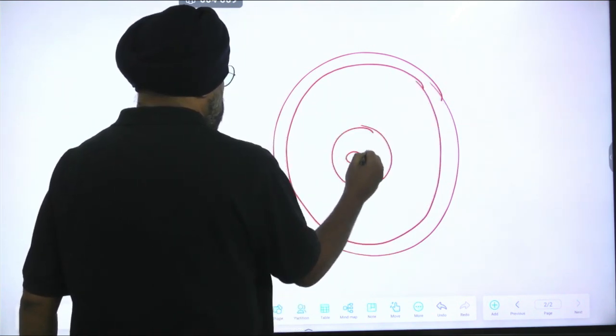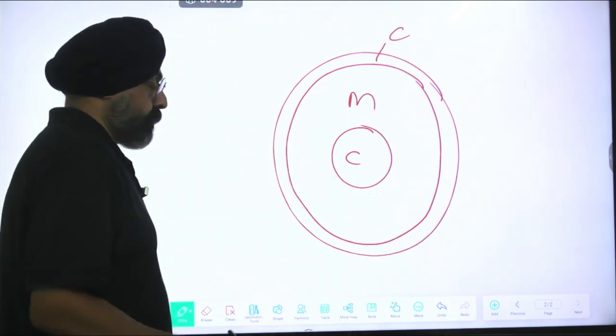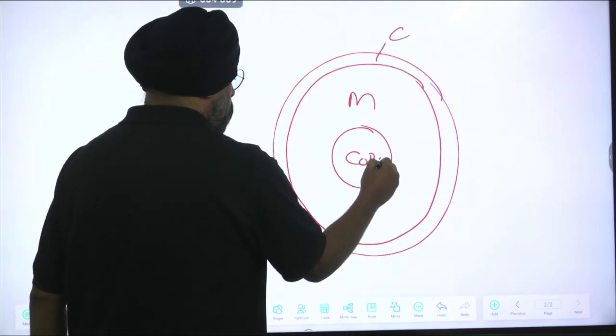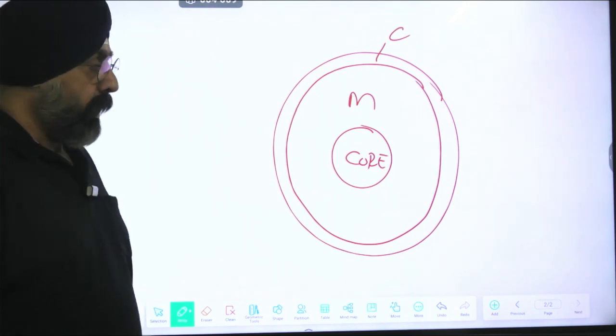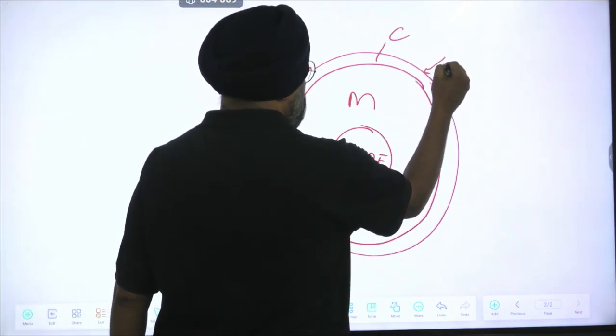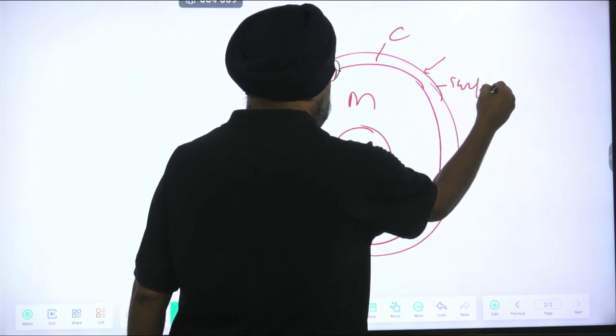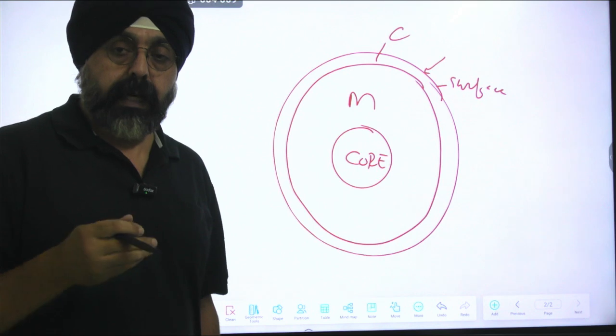It has core, it has mantle, it has crust. And this is what the surface. And the geography is the study of the surface of Earth as a home of man.